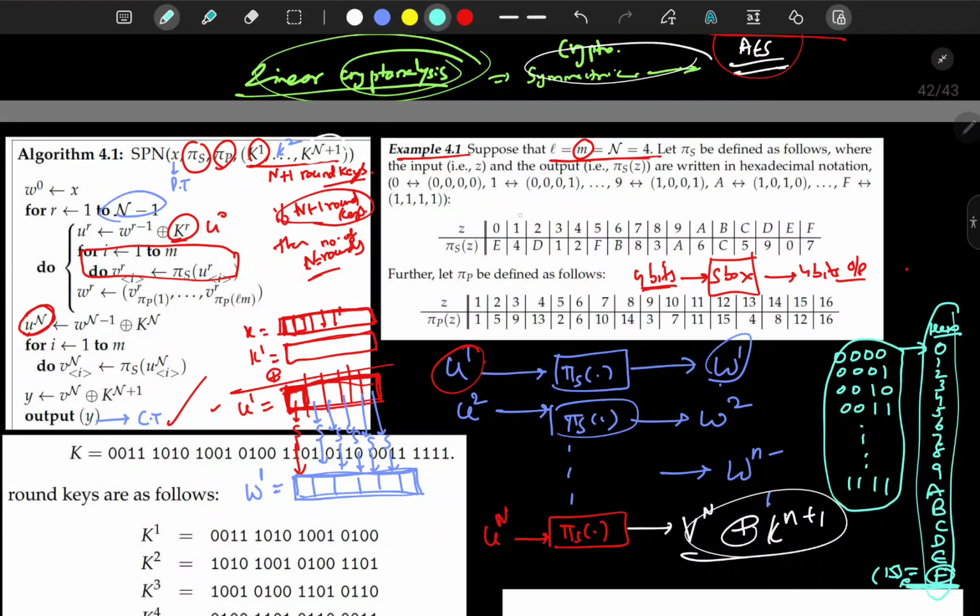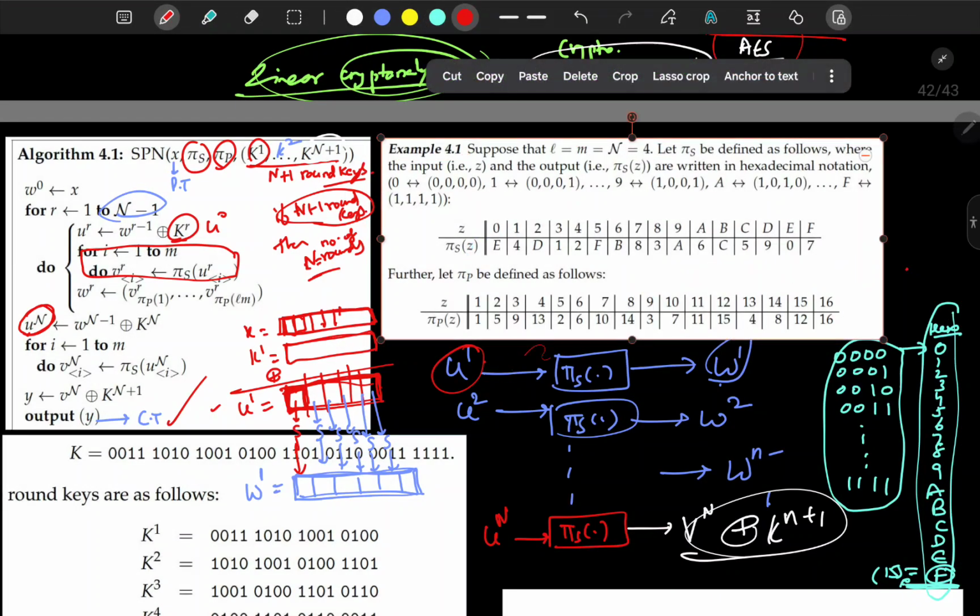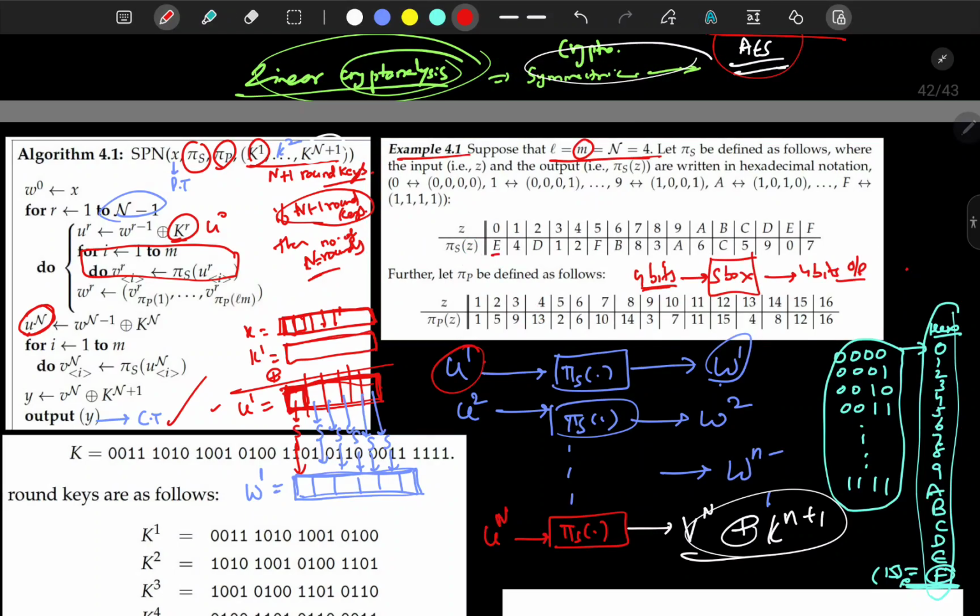So whenever we pass an input through the S box function, you will get a 4 bit output. When I pass 0 in hexadecimal to pi of s, the output is E. 0 is 0000 in binary, and E is 14. Like this, 7 maps to 14. So this is the S box table.